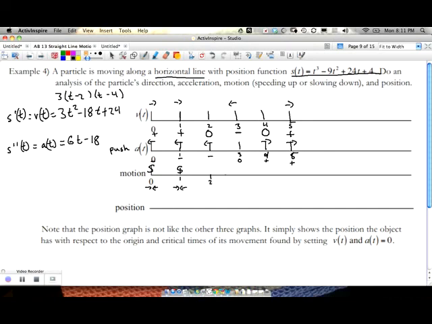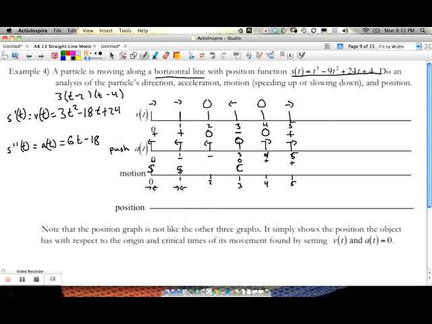So it's not changing faster or slower, it's constant. Then at 4, we have movement to the right, but again we're 0, again we're stopped. So nothing there. Then we look at 5, we are moving to the right and we are pushing to the right. So this is where we start to speed up and get a little bit faster.